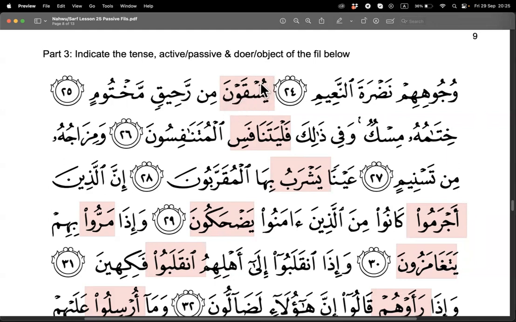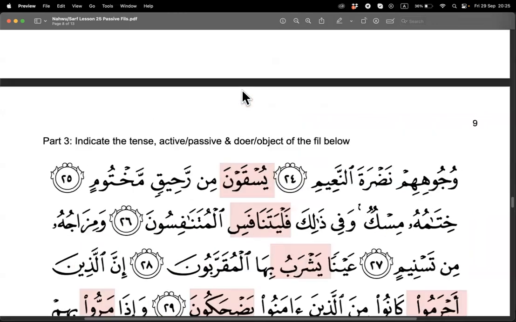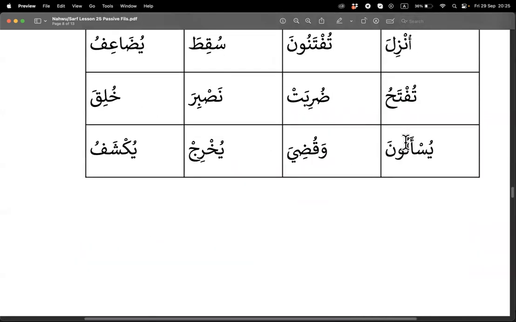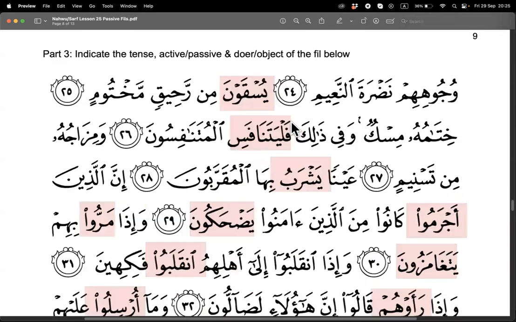And this is still majhul, so ua, it's still majhul. Just that usually when you have whom, you see a dhamma there, luna, not fathah. That's the only difference. This one we'll talk about in saf. So that's why I say just take a guess. You might guess that this is supposed to be una, but something's happening here. But this is still mudhari' majhul. In saf we will talk about what kind of fi'il this is.